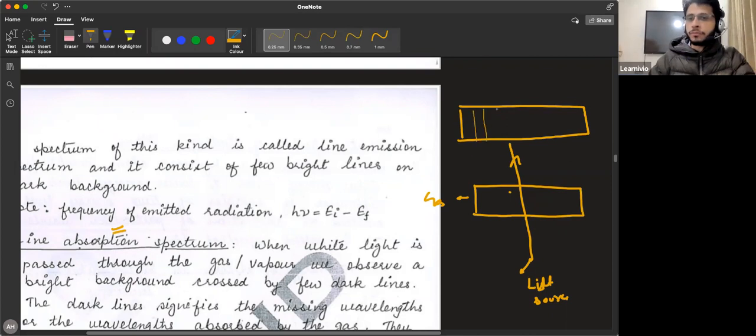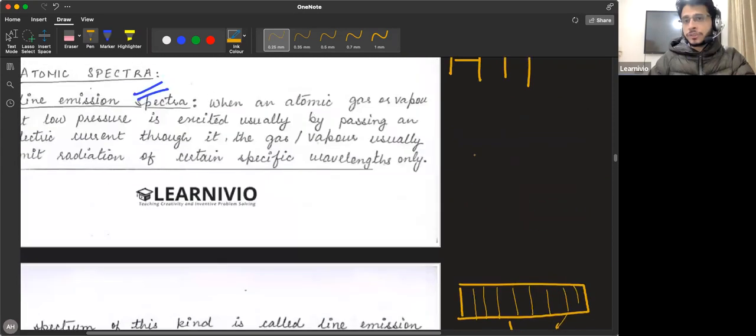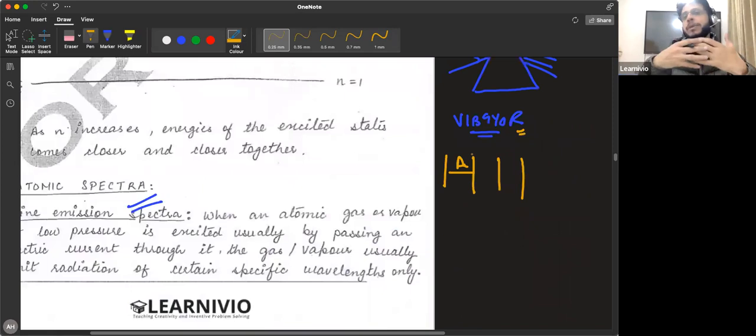You get dark lines, some black lines. These black lines correspond to the frequencies which the gas absorbs. So the frequencies absorbed by the gas form the absorption spectrum, and the frequencies emitted by the atom form the emission spectrum.